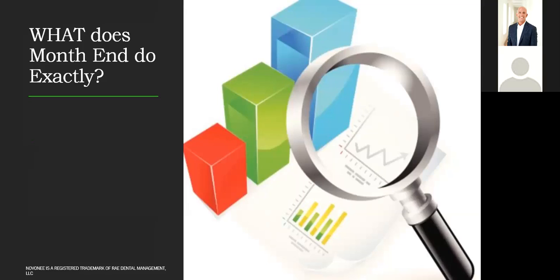Prior to G6.5, the Dentrix month end process used to do all of these tasks all at the same time, like in one shot. It would do all of these things all together, which people really didn't like.